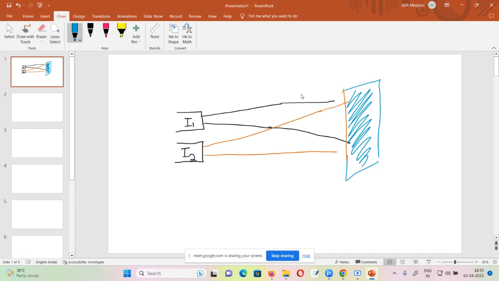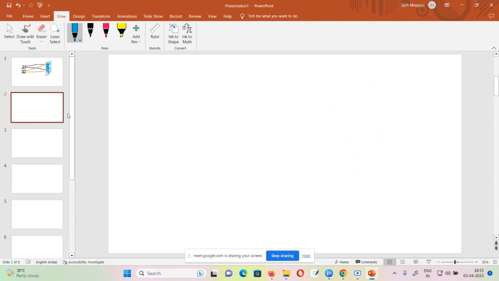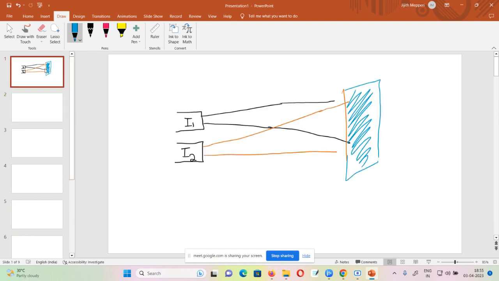This is actually not a direct question. You have to know how interference is occurring. What are the things actually going to interfere? Whether intensities will interfere or not? That's my question.